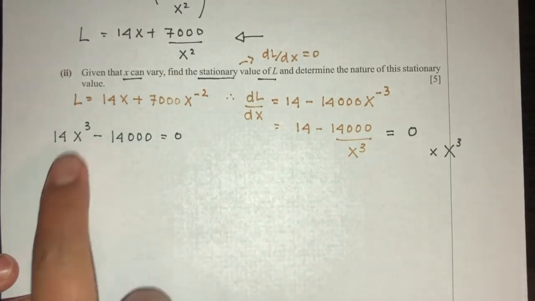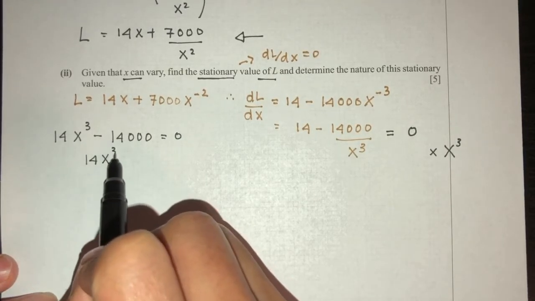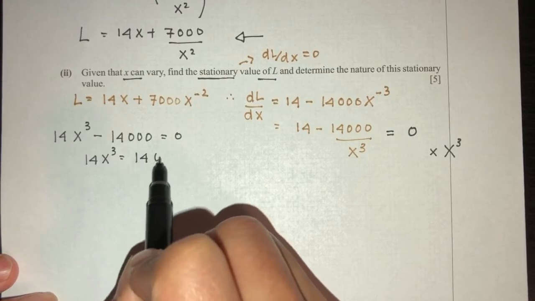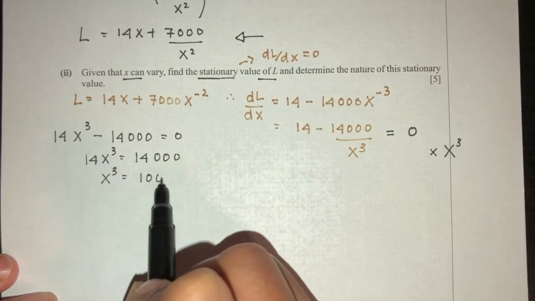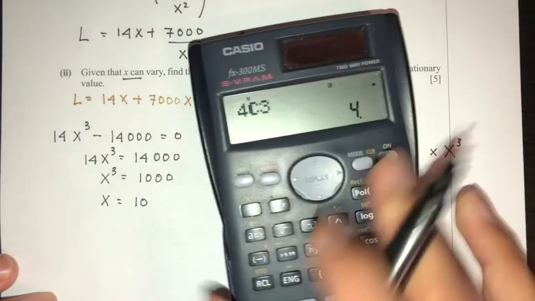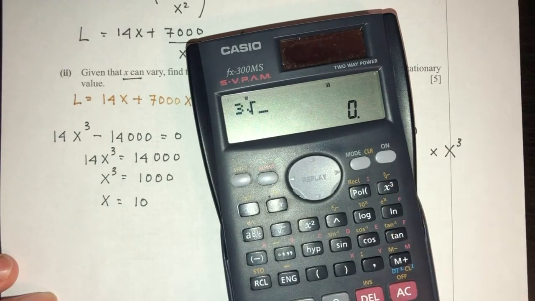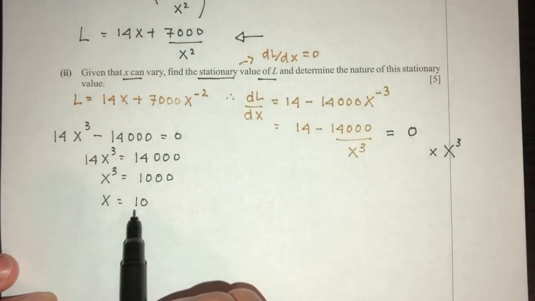Now let's solve for the value of x. So you will have 14 x cubed is equal to 14,000. x cubed will be 1,000. x will be equal to 10. You can check the cubic root of 1,000, that should be 10. So your value of x will be 10.